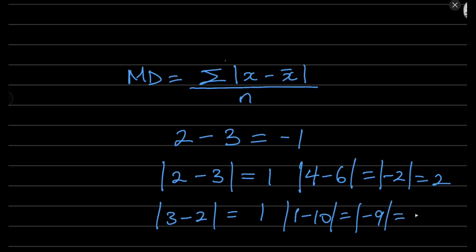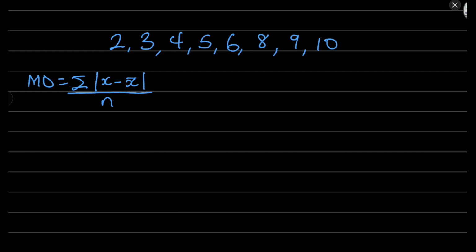But when you apply the absolute value, that's the two straight bars, it becomes 9. So that's the meaning of these two straight bars in the formula. We are just looking for the absolute value of x minus x bar, then we sum it up and divide by n.